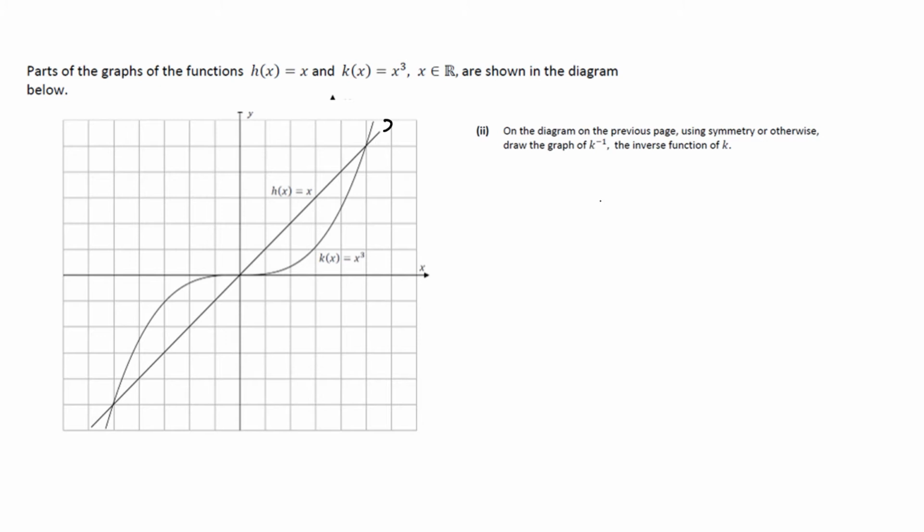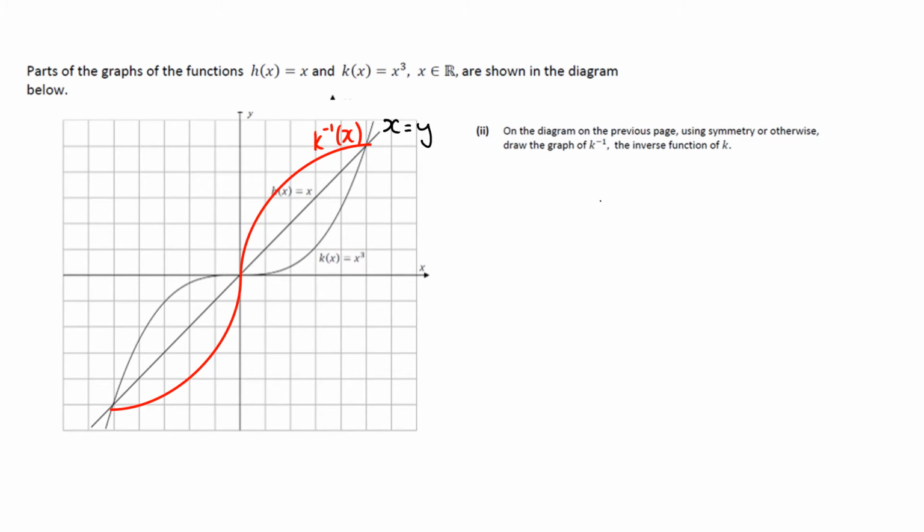And luckily we have the line x equals y here, and we're going to use that as the axis of symmetry. So what we end up with is this line here. See that it's the mirror image of k of x through the line x equals y. So we were very lucky they gave us that. So I'm just going to label this: this is k inverse of x.